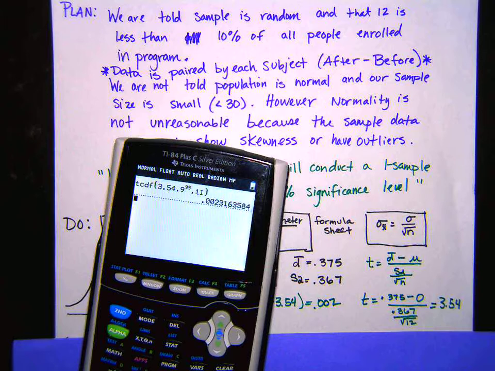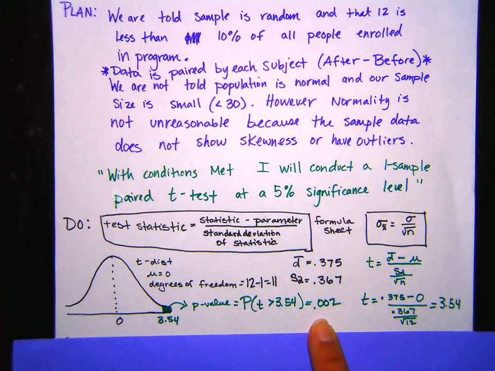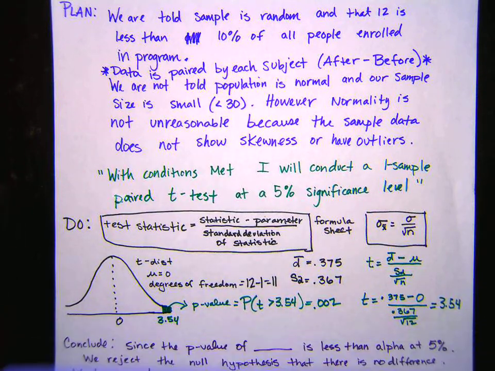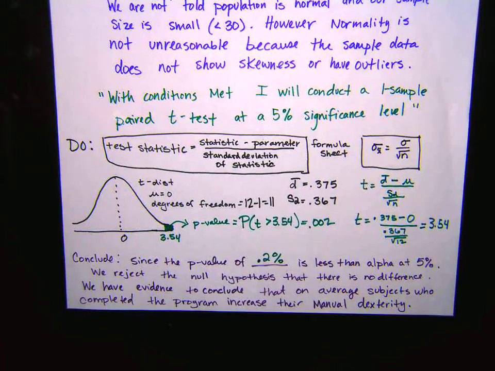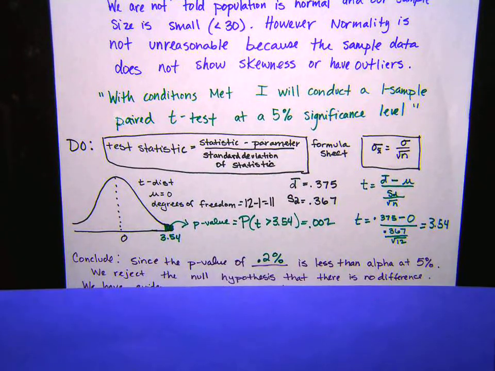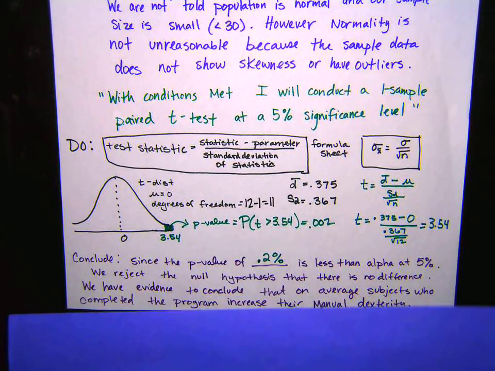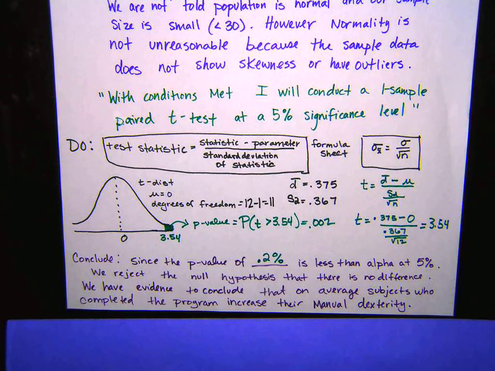Now we take that value and we are going to compare it to our alpha. Since the p-value of 0.2% is less than alpha at 5%, we reject the hypothesis that there is no difference. We have evidence to conclude that on average, subjects who completed the program increase their manual dexterity.